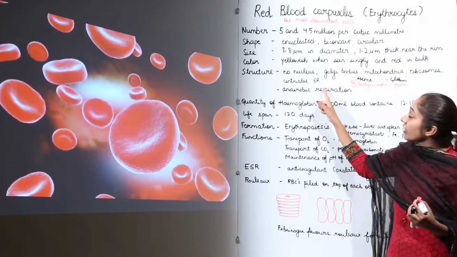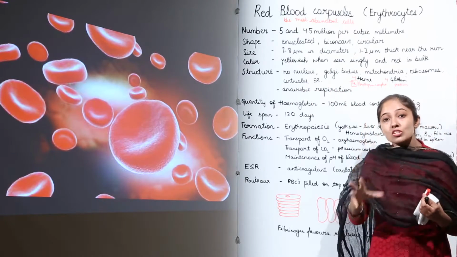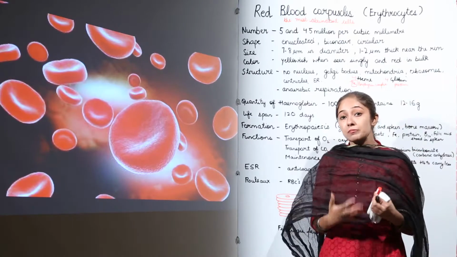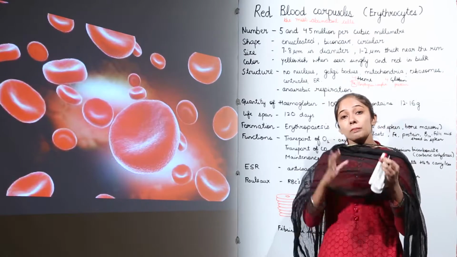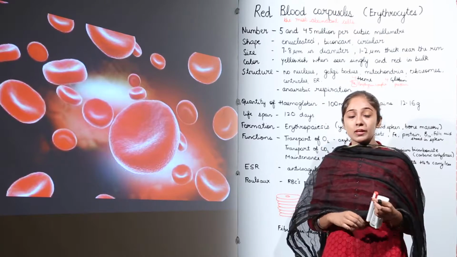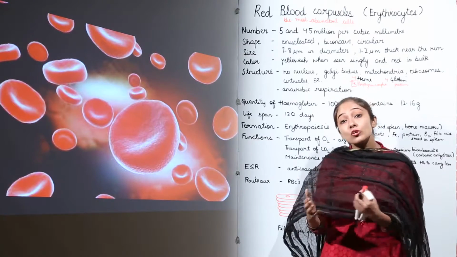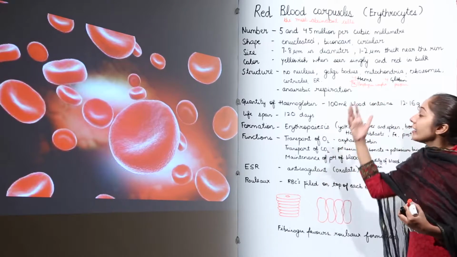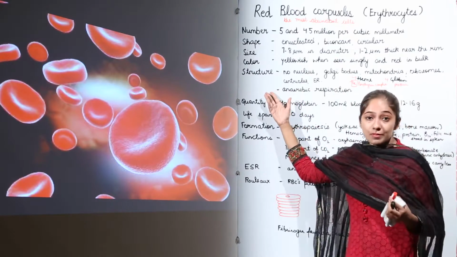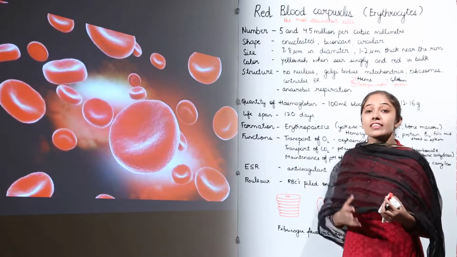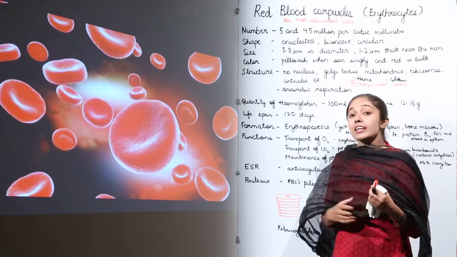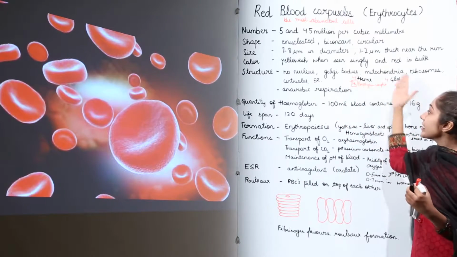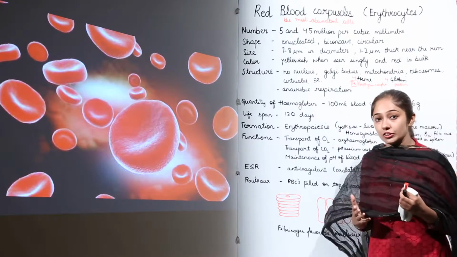The absence of these organelles also allows most of the cytoplasm to be filled with the pigment, that is hemoglobin. So the main purpose of RBCs, the transport of oxygen, is served in this manner. That is why nature has designed these erythrocytes in such a way that they have more space for the pigment hemoglobin, which transports oxygen.